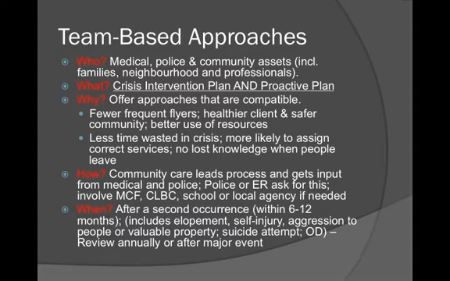Any type of aggression to people or valuable property, any attempt at suicide or any obvious ideations of suicide, overdoses, any of those sorts of things would be crisis occurrences, and they're the sorts of things where we would, after a second one especially, want to amass a team and start working on the crisis intervention plan and a proactive plan. And we should review those plans at least once a year, and particularly for the crisis intervention plan, after any major crisis occurs.